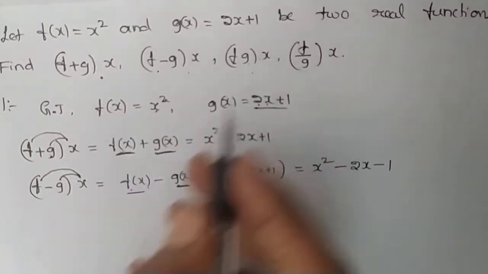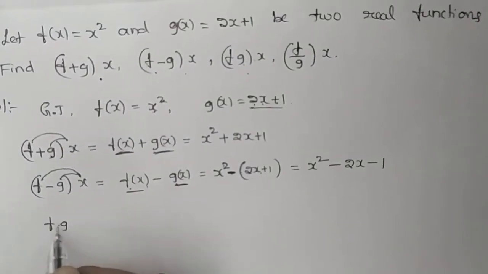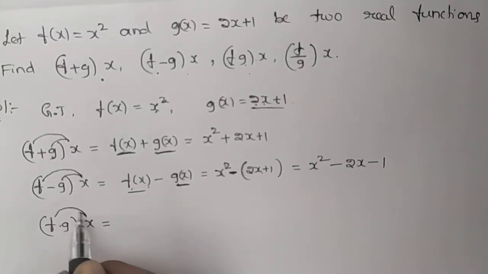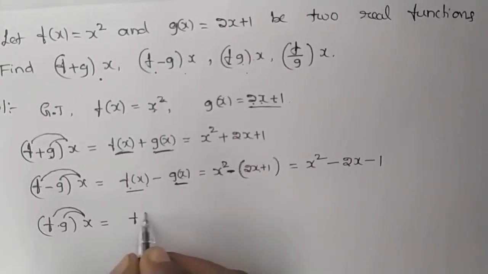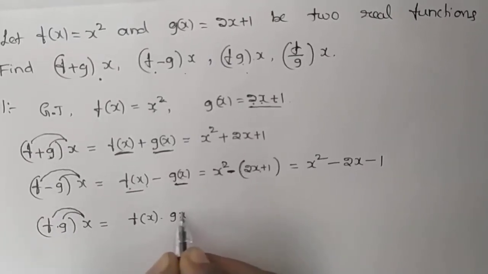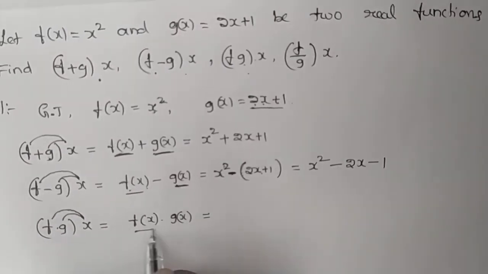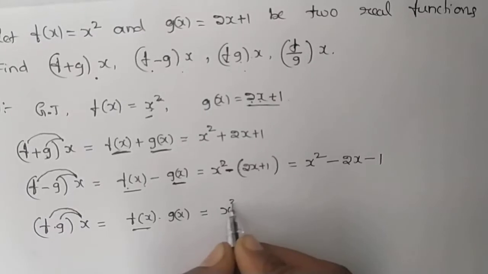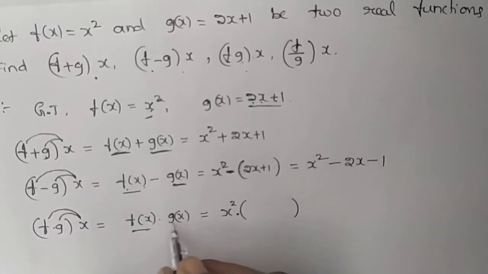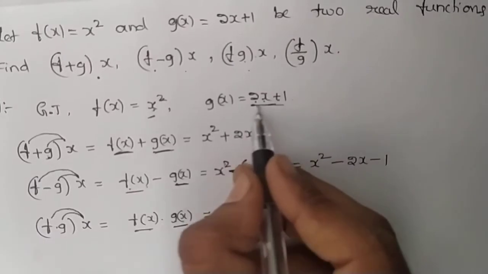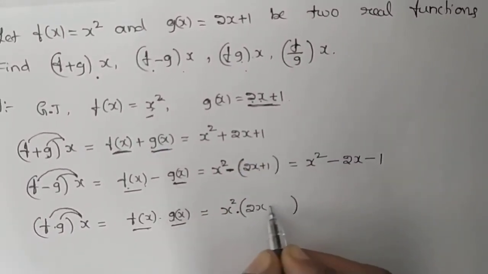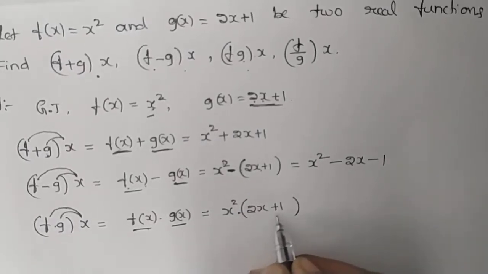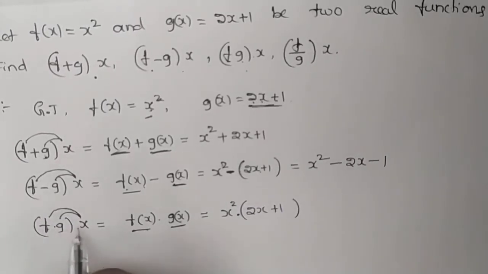Next, the third one, f into g of x. f into g of x equals f of x into g of x. f of x function is given, that is x square, into g of x, that function is given, 2x plus 1. x square into 2x plus 1 is the function for f into g of x.